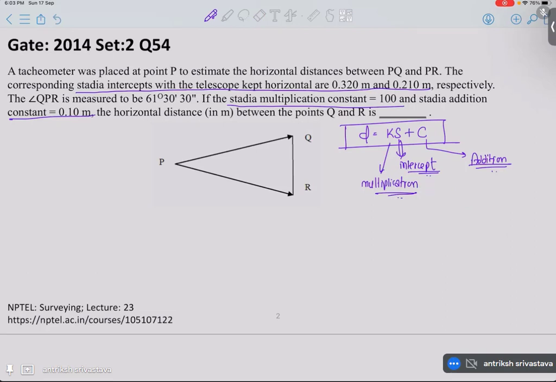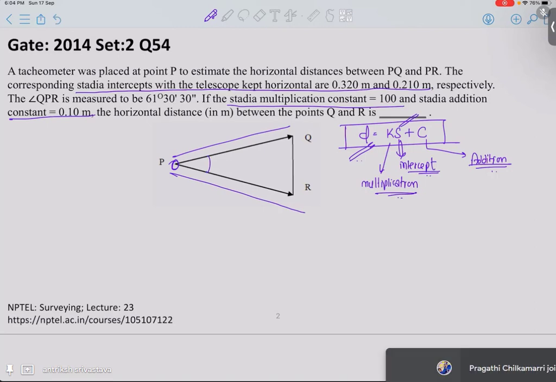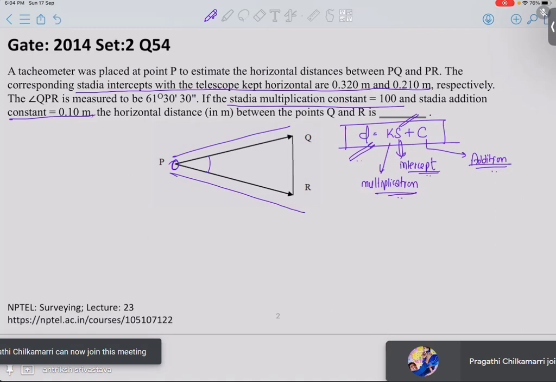Okay, so using this stadia intercept and your multiplication constant and addition constant, you can actually identify the distance of an object, how far the object is from the point where you are looking at it. So we have the stadia intercept for PQ, and we have the stadia intercept for PR, and we have the angle, that is QPR, that is 61 degree 30 minutes and 30 seconds.